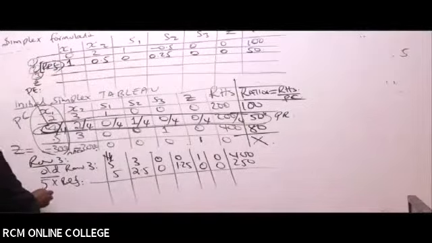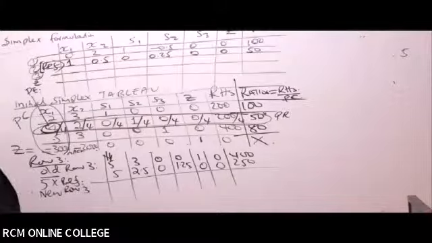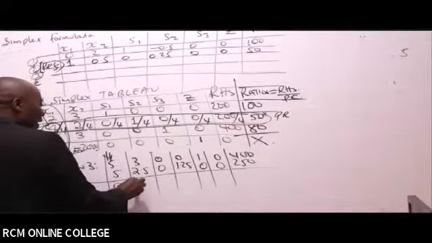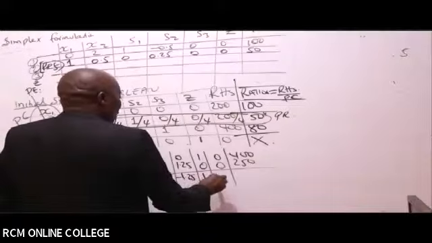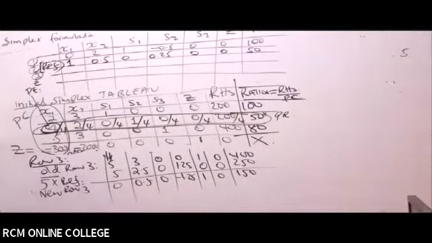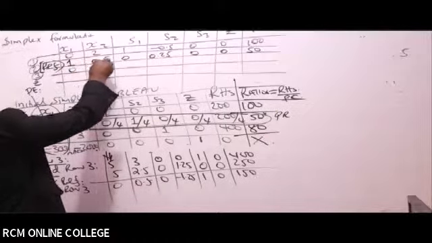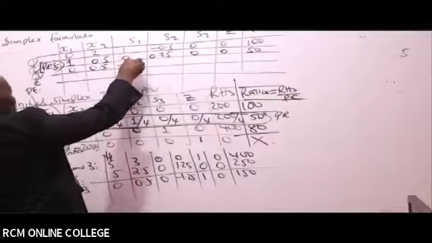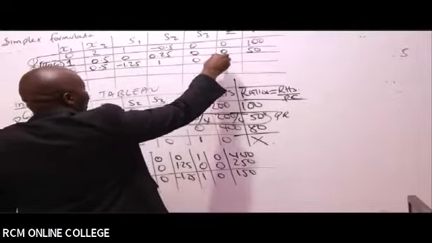So then these will be able to give me new row 3. New row 3, I have a 0. I have 0.5 when I subtract a 0. I have negative 1.25, 1. This gives me 150. All right, so here we have new row 3: 0, 0.5 minus 1.25, then we have a 1, a 0 here.